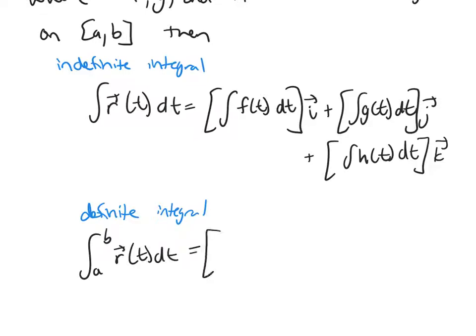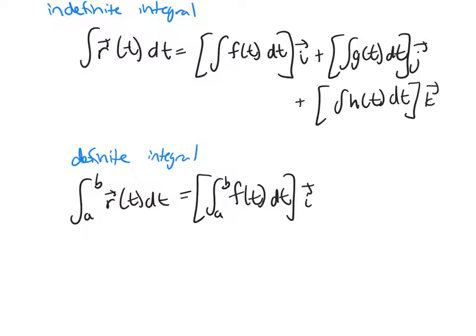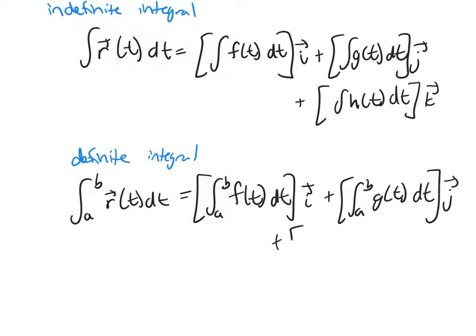It's again just integrate in each component function, but now it's going to be a definite integral. The integral of f plus the integral of g plus the integral from a to b of h. So this is how we define integration for vector valued functions.